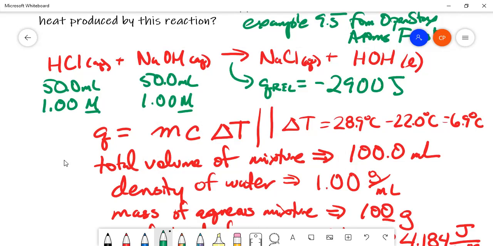Where did it come from? It came from the chemical reaction right here. It came from the hydrochloric acid and sodium hydroxide present here. Okay?